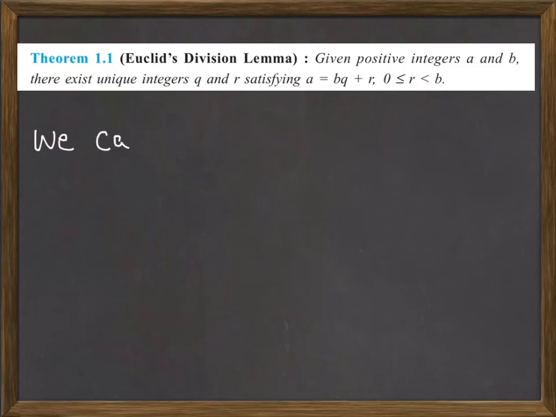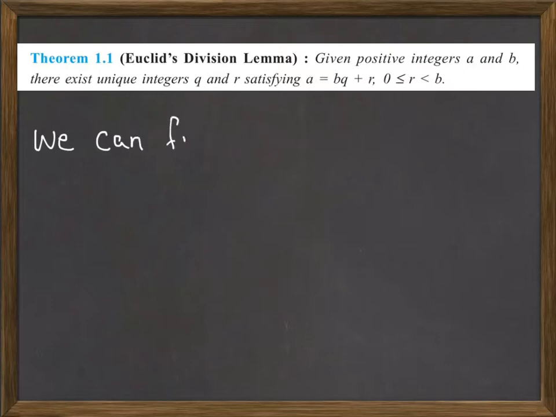We can state this theorem formally: given positive integers A and B, there exist unique integers Q and R satisfying A equals BQ plus R, where R is greater than or equal to 0 and R is less than B.